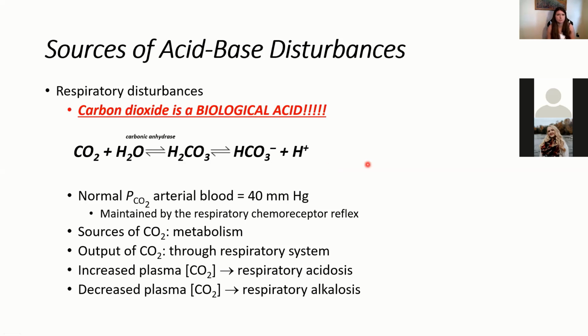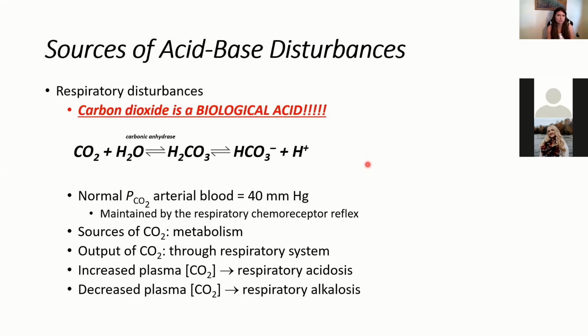Okay, so remember that the normal concentration of carbon dioxide in your blood is 40 millimeters of mercury. So that's the normal partial pressure of carbon dioxide. And we tracked that through the body when we were talking about respiration. So that normal 40 millimeters of mercury is maintained by our respiratory reflexes.